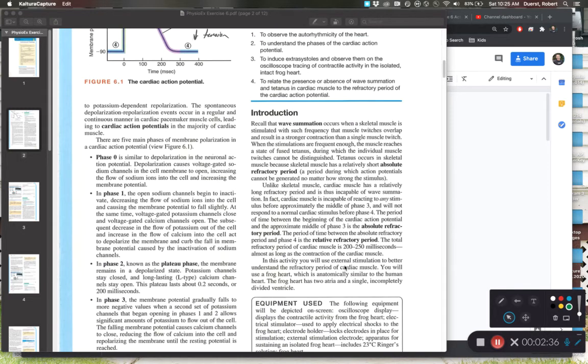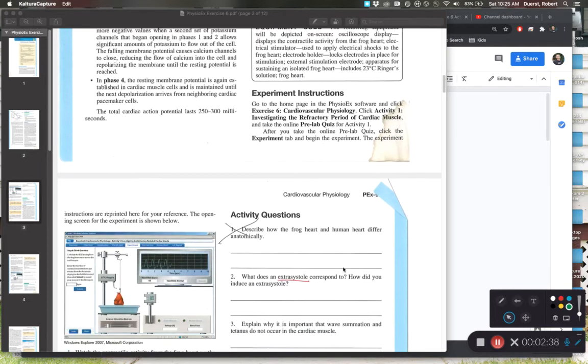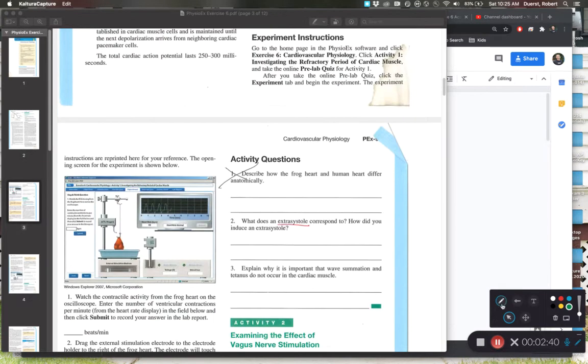As we look at our setup for this activity, in your experiment, you're given this experimental setup where we have a heart and some electrodes, and the heart's being stimulated by the electrodes, and then you are also going to be recording the ECG, the electrocardiogram of the heart, and then collecting some data.